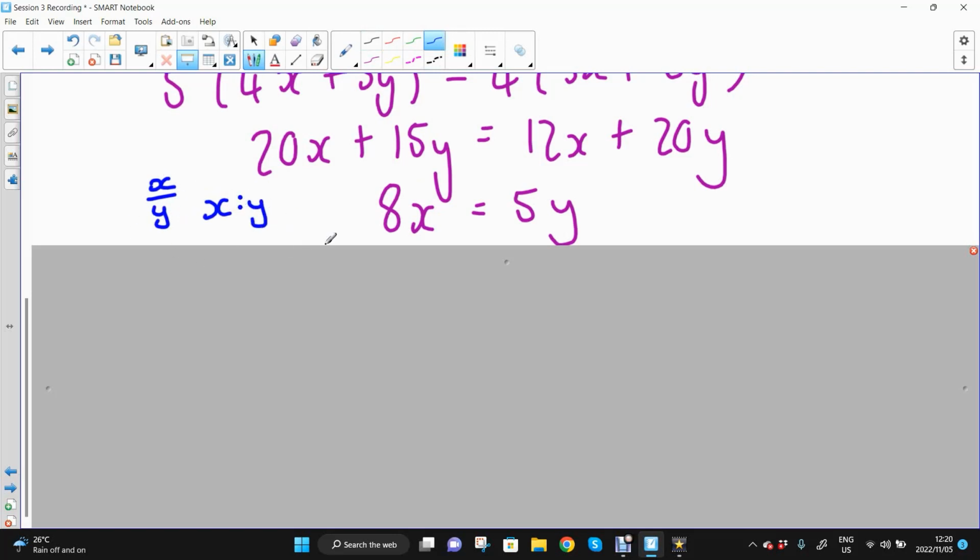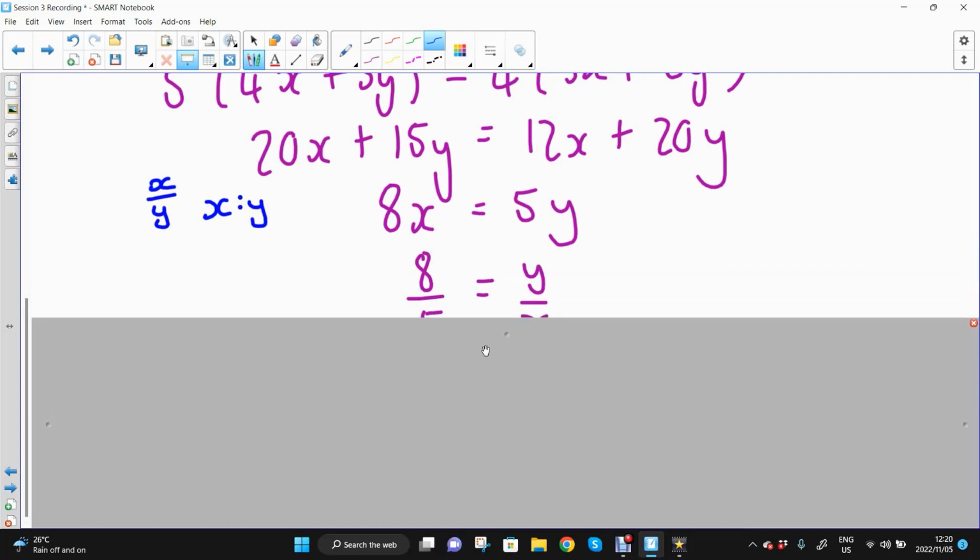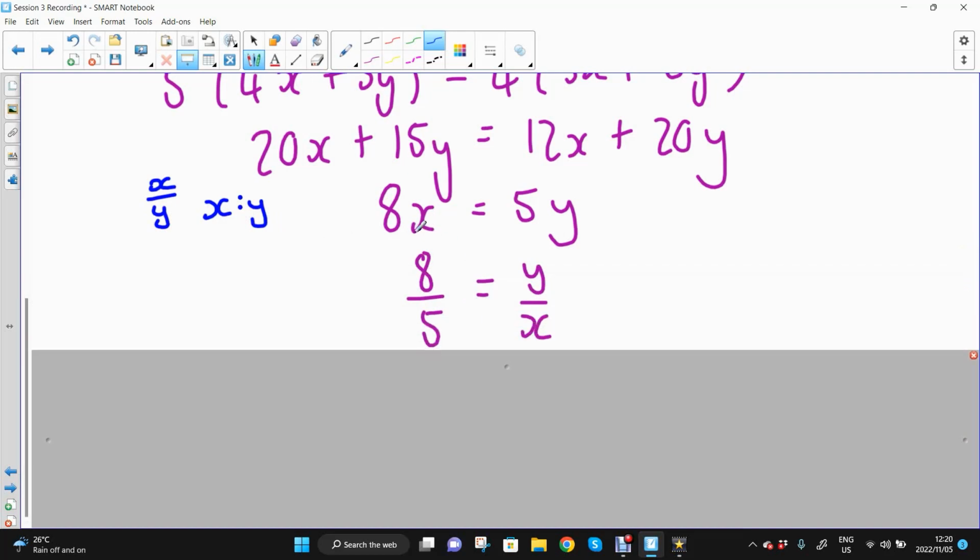So whether you have it as a fraction or a ratio, same thing. So I want to get the x and the y alone on one side. So in this case, what I did here is I divided by y on both sides here, and to get the 5 to the left, I divided by 5. And now you can see that ratio coming out quite nicely. So x to y is going to be 8 to 5.